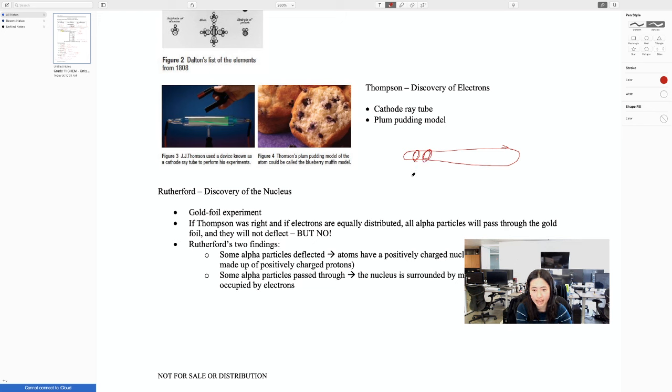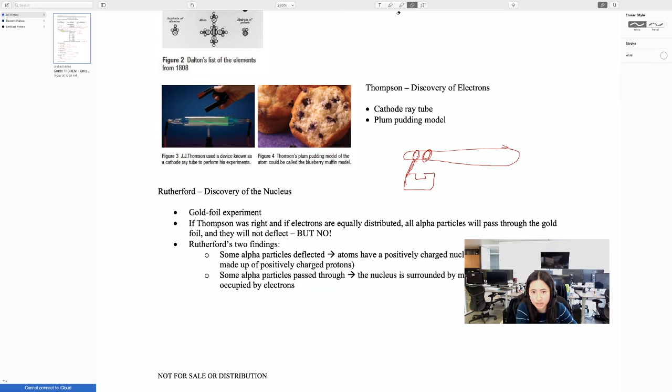And then he had this power source right here, and they're all connected to this power source. Sorry, this should be minus. So this has to be negatively charged, and this has to be positively charged.